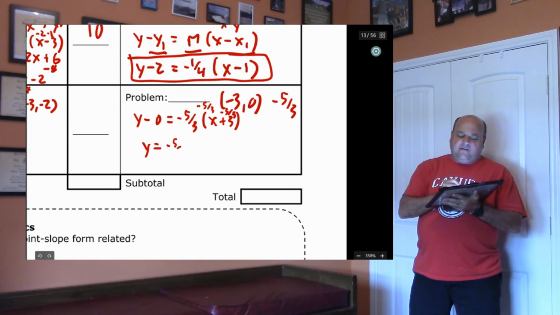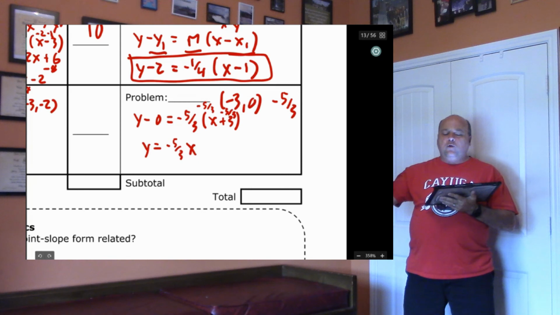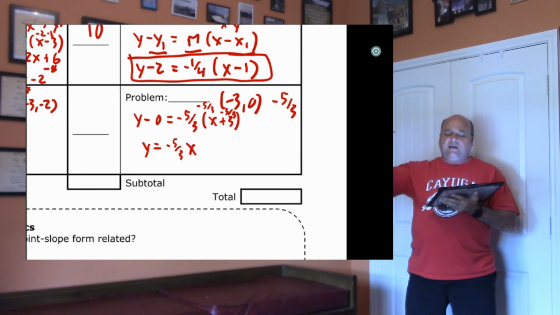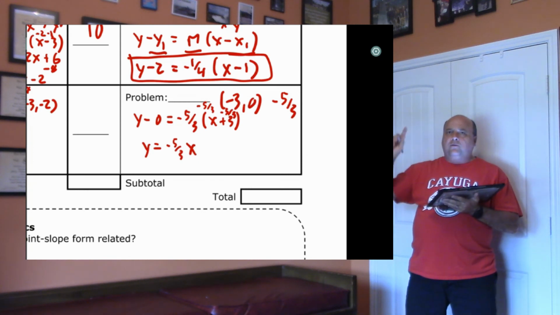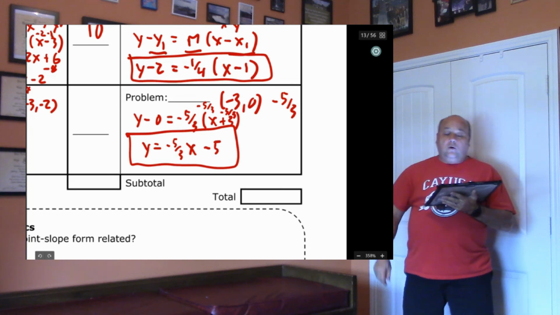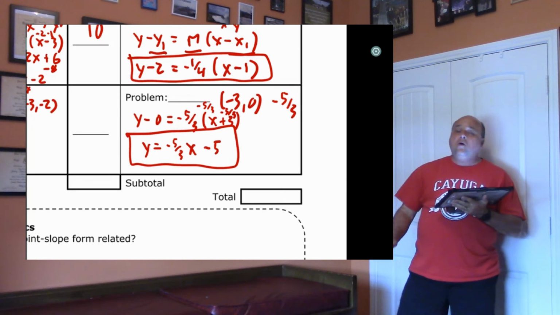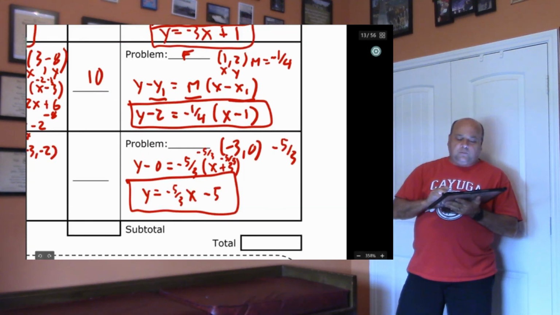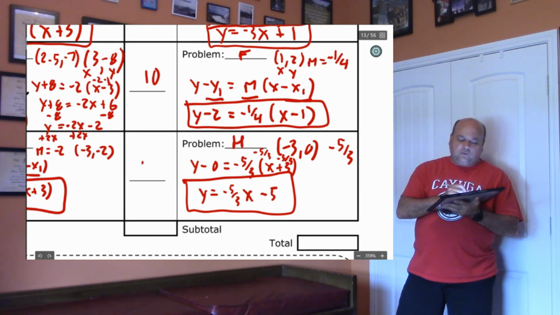So negative 5 over 3x. Now then, if you have a calculator, you can do 3 times negative 5 divided by 3, which is going to be minus 5. That's my formula, okay? So that was problem H, and that was worth 10 points.